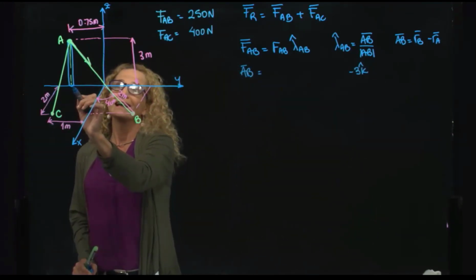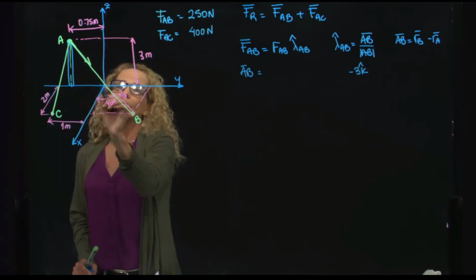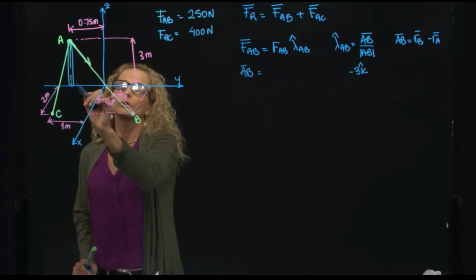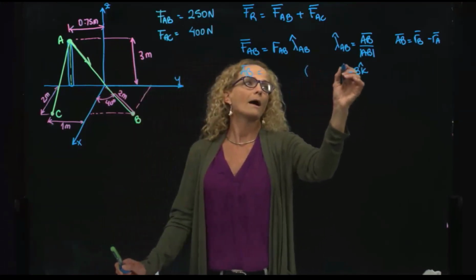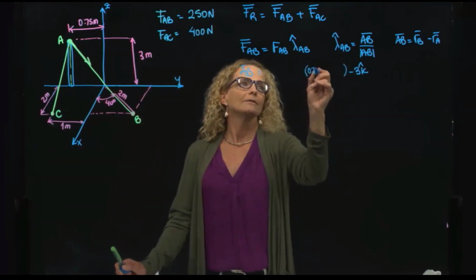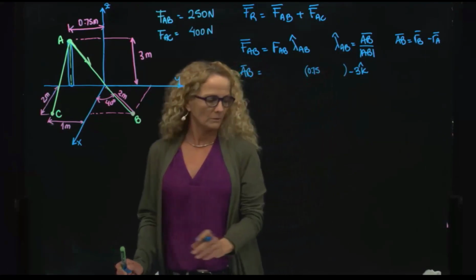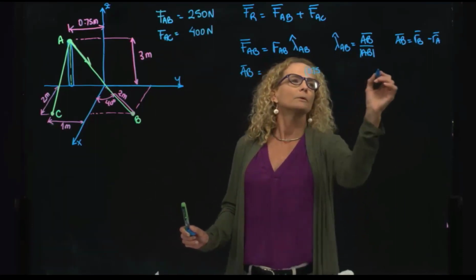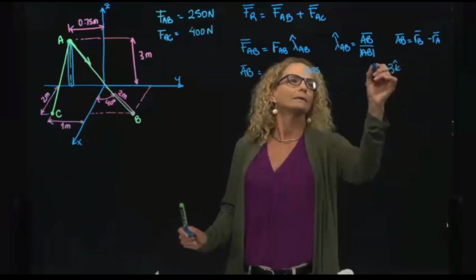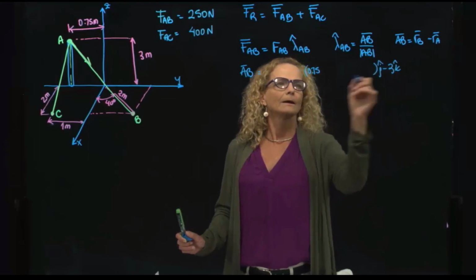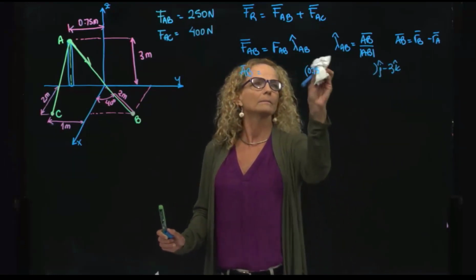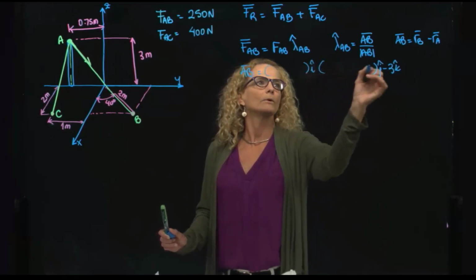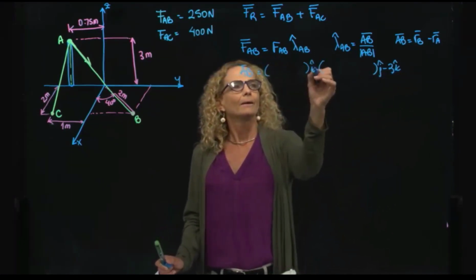I have to go 0.75 plus this component right here. Let me do it a little bit bigger. I have the 3 in K, right? In J, and I have the component in I, the component in J, and the component in K.